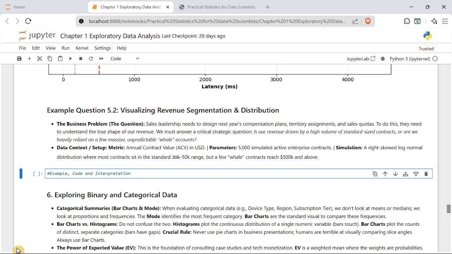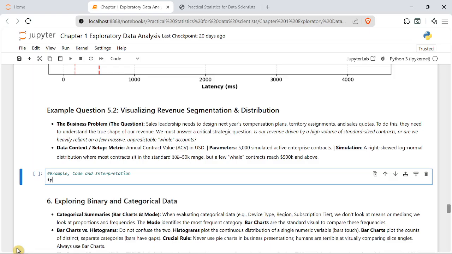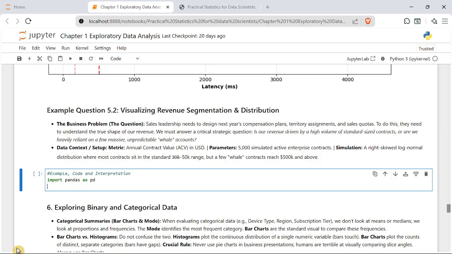Okay, so let's start. Import pandas as pd. Import numpy as np.